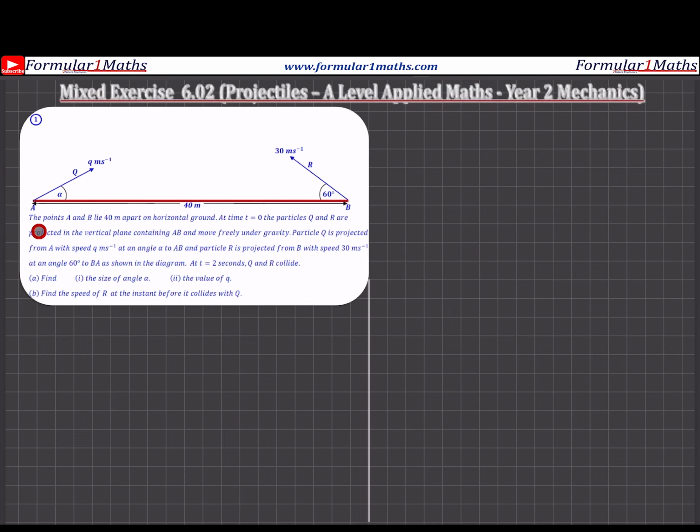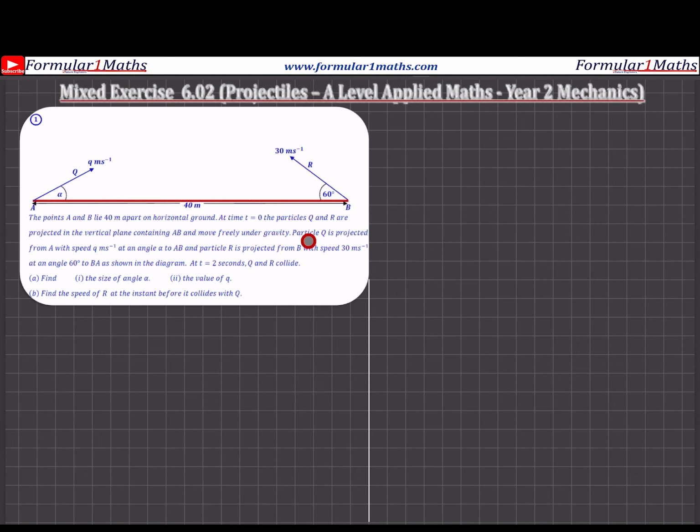Question 1. The points A and B lie 40 meters apart on a horizontal ground. At time t equals 0, the particles Q and R are projected in the vertical plane containing A, B, and move freely under gravity.